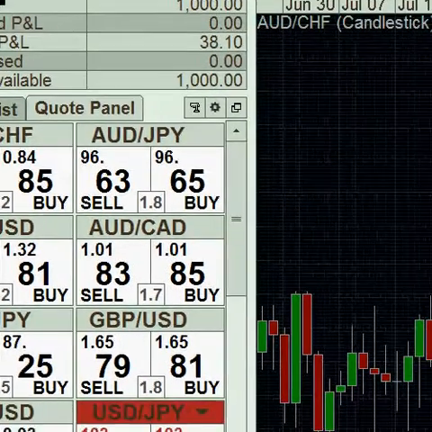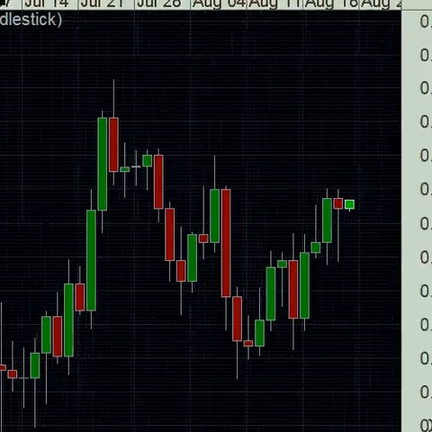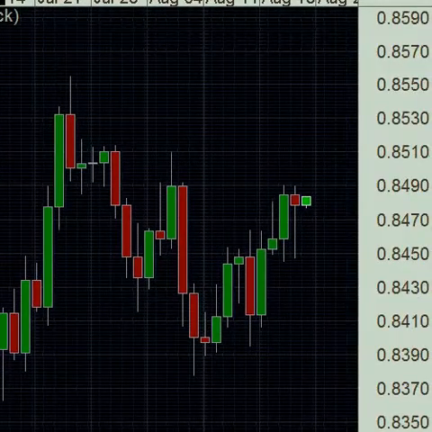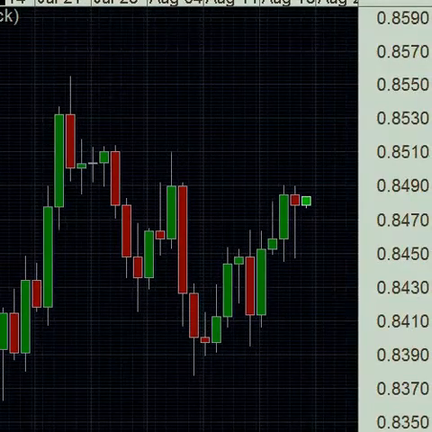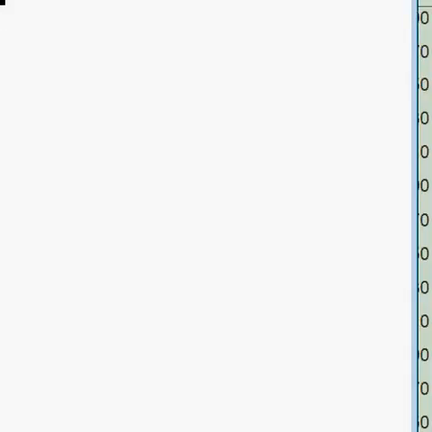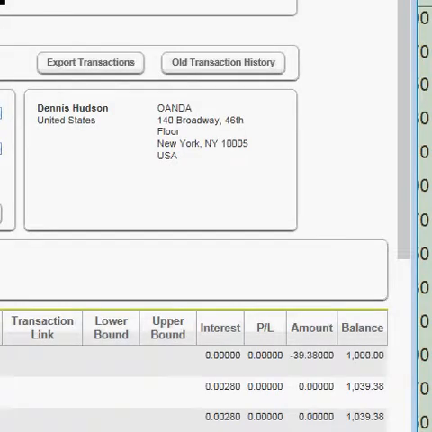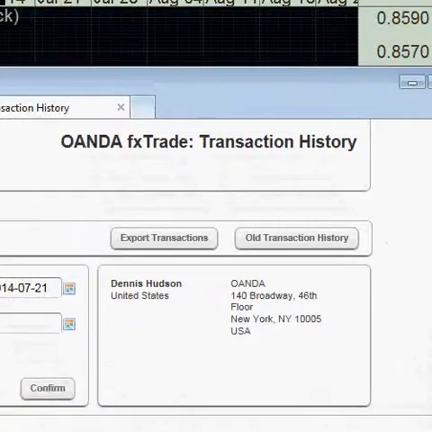Now I'll drag it back over, and let me pause this for a second. I'm going to click the history file. Here we go. You can see that the title of it is the transaction history.